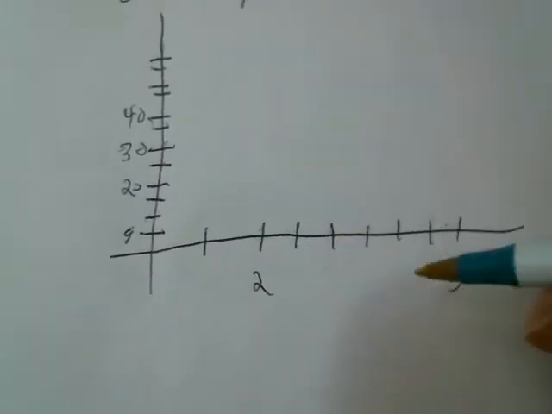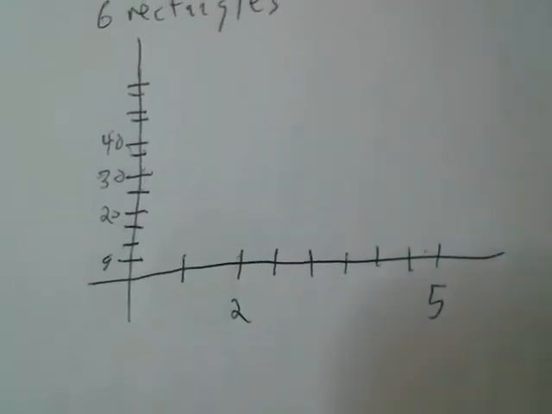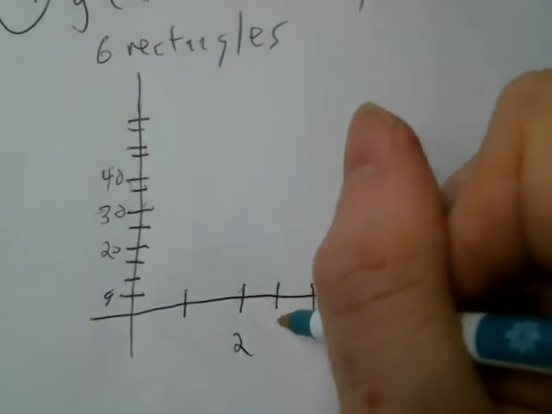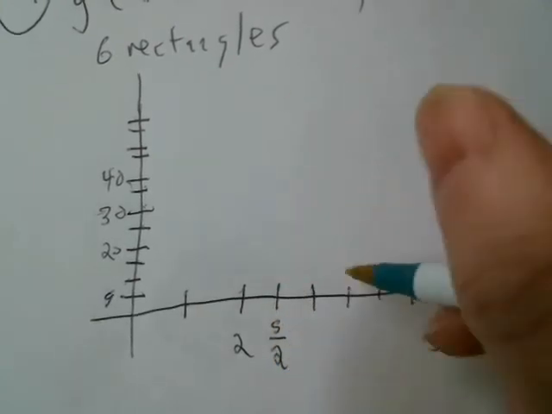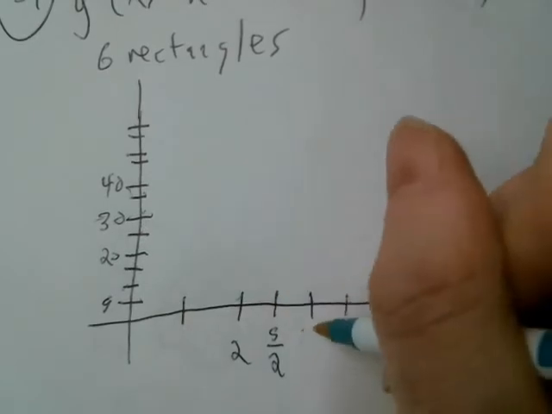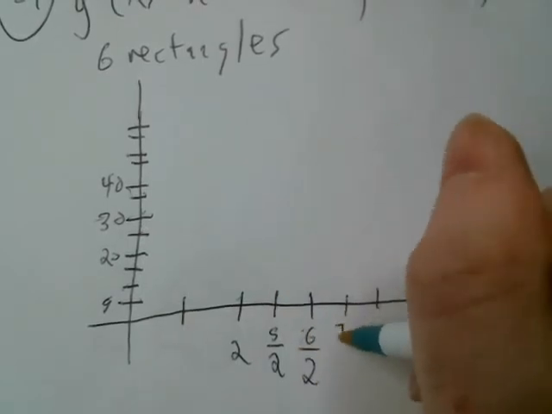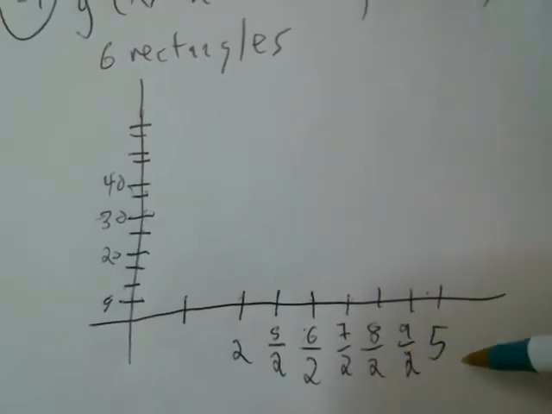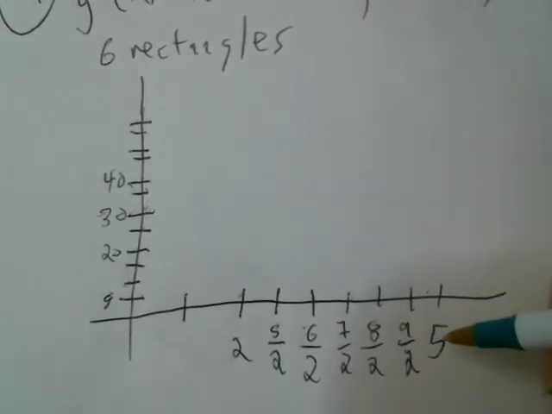I'm going from 2 to 2 plus delta x, so 2 plus 1/2 is 2.5, or if you'd rather, 5 halves. Then 5 halves plus another delta x will be 6 halves, and so on: 7 halves, 8 halves, 9 halves, 10 halves, which is the same as 5.